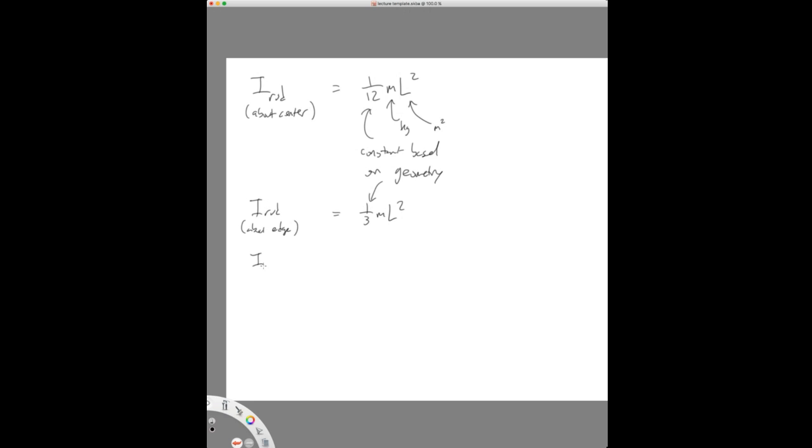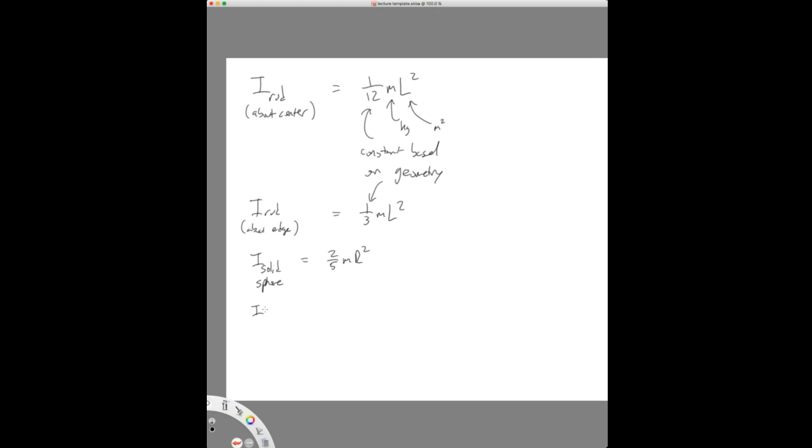And I'll give you a few others, but there's a table in the beginning of one of the chapters in these 2 books. One of the 2 chapters on this kind of stuff has a table. And the PDF textbook also has a table. But for a solid sphere, the formula is 2/5 mass times the radius squared.